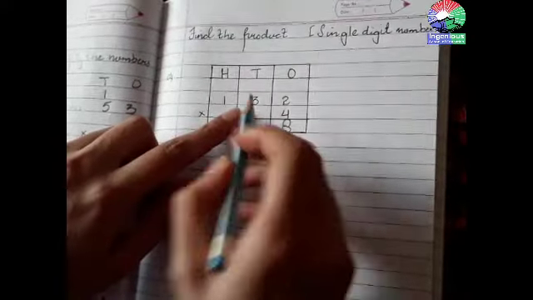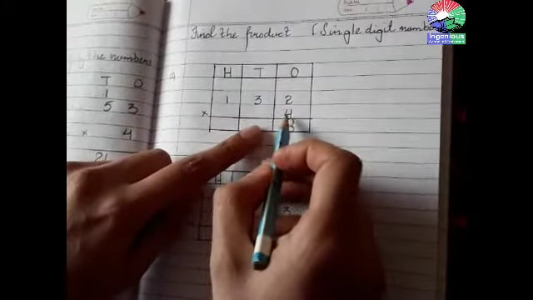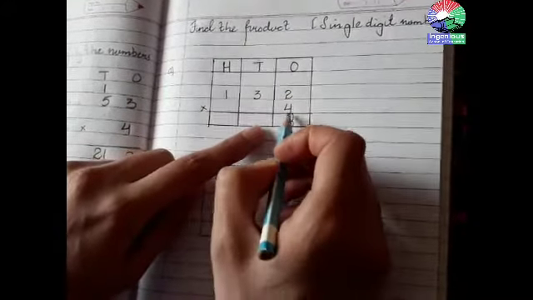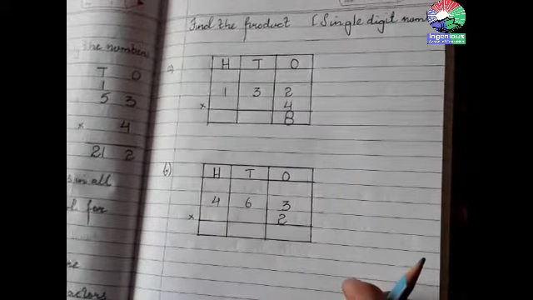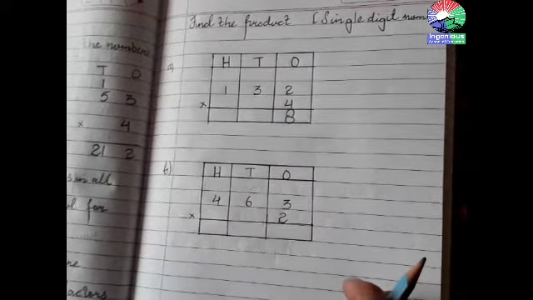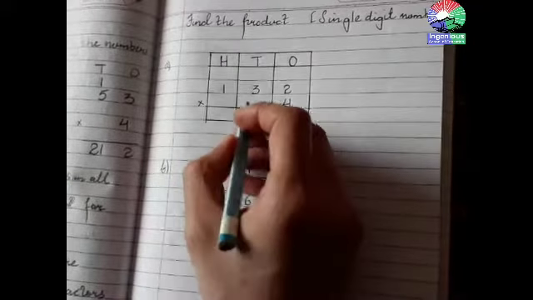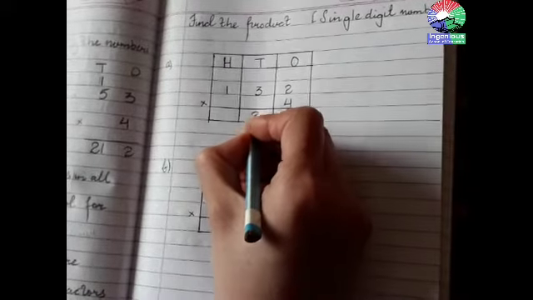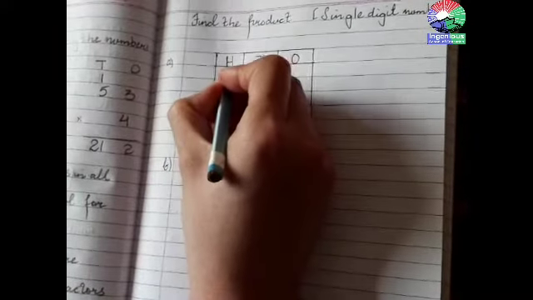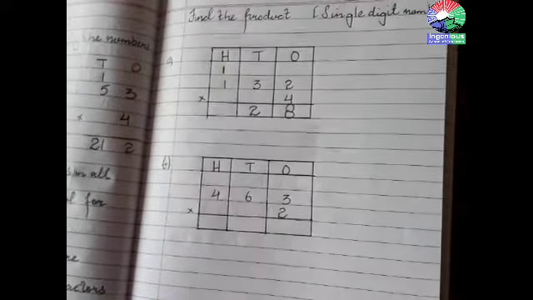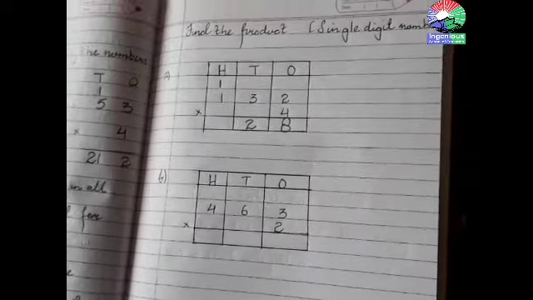Now my dear students, the digit at the tens place is 3. We have to multiply 4 with the digit 3. Now 4 ones are 4, 4 twos are 8, 4 threes are 12. Very good. Write 2 here in the tens column and carry 1 to the hundreds column. Okay, my dear students.